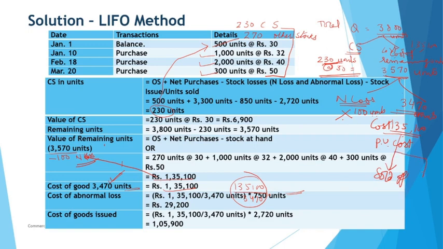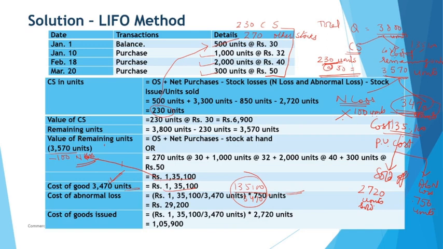But some of these units might have been lost due to abnormal reasons. So like in the present case, your 750 units are lost due to abnormal reasons, which implies 2720 units have been issued or sold, because your total units are 3470. So out of these units, 750 are lost due to abnormal reasons, remaining are sold.